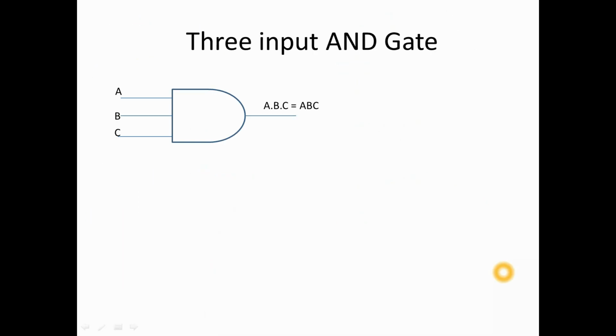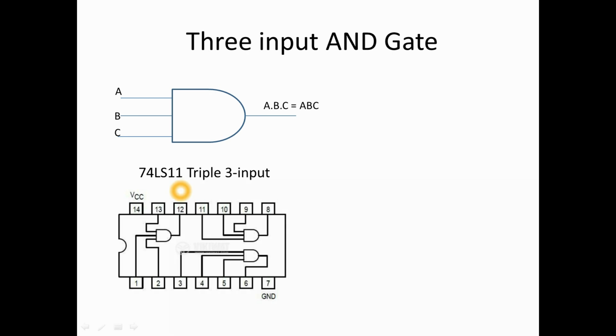Like the 2 input AND gate, there is a 3 input AND gate, 4 input AND gate, etc. The working is the same as the 2 input AND gate. Here 3 inputs and one output. The output is expressed as A into B into C when inputs are A, B, C, or we can write ABC. The IC number is 74LS11.